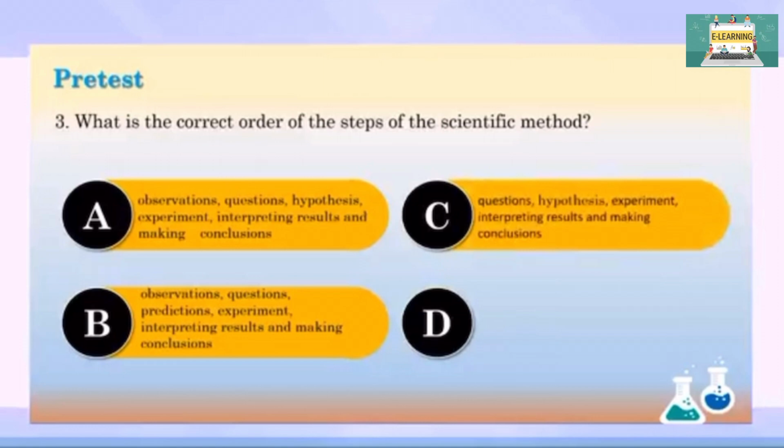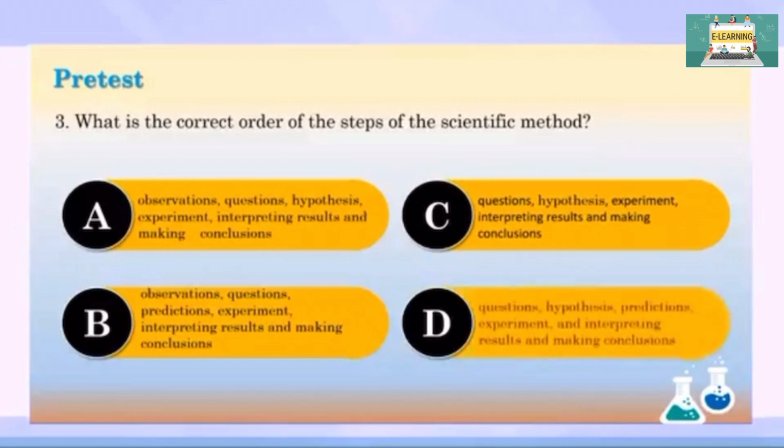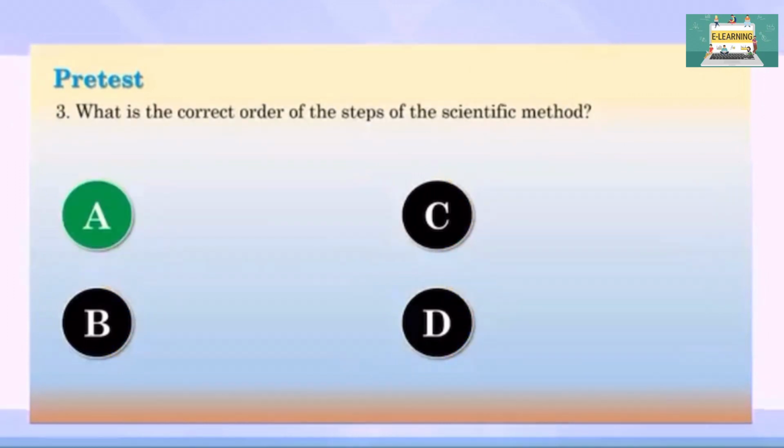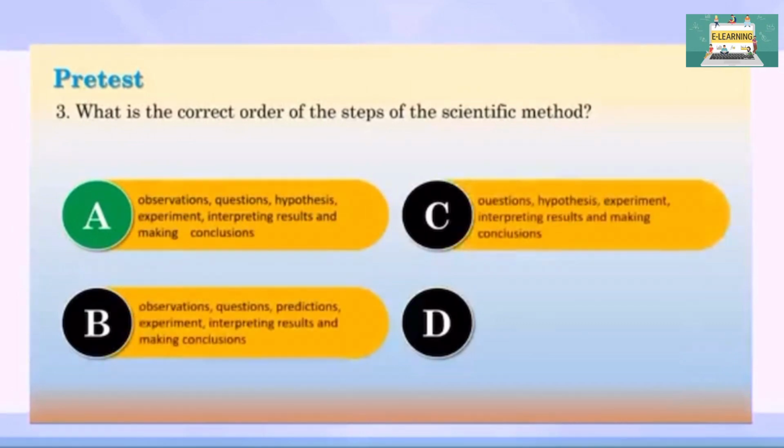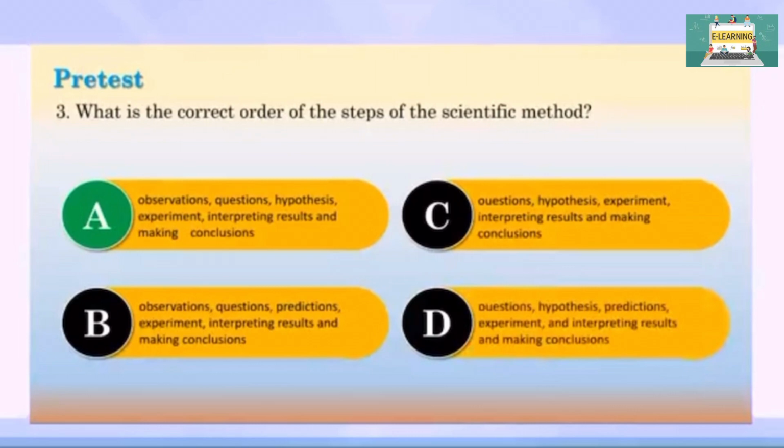C. Questions, hypotheses, experiment, interpreting results, and making conclusions. And D. Questions, hypotheses, predictions, experiment, and interpreting results, and making conclusions. Think of your answer. Correct. The answer is letter A. Observations, questions, hypotheses, experiment, interpreting results, and making conclusion.